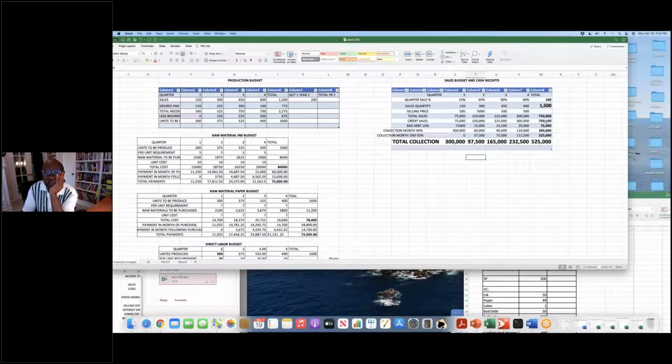Was it 30% of 75,000? No, it's not. What's 40%? You're collecting 40%. So what's 40% of 75,000? This should have been 7,500.